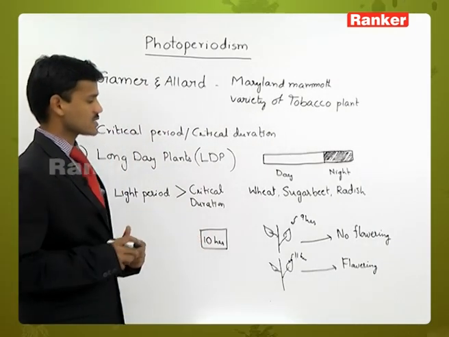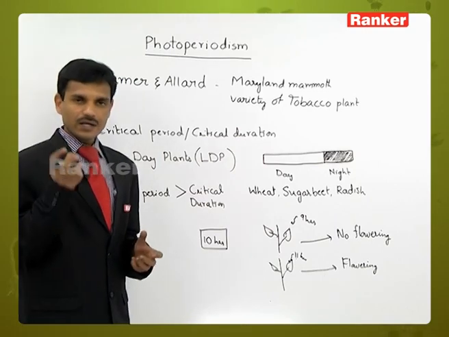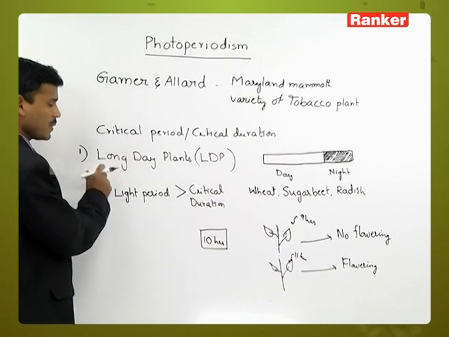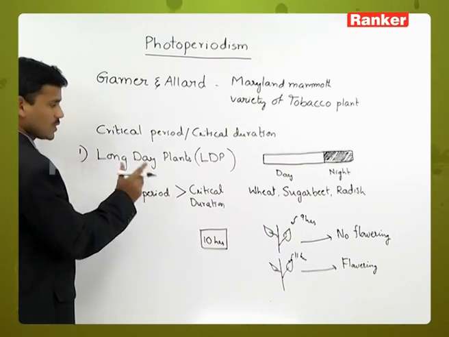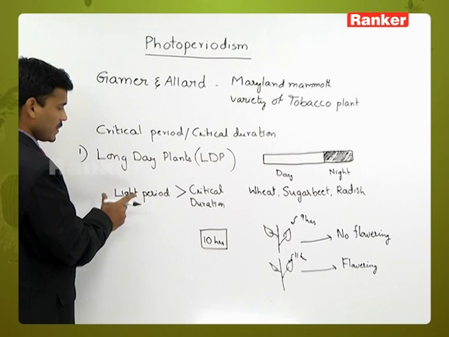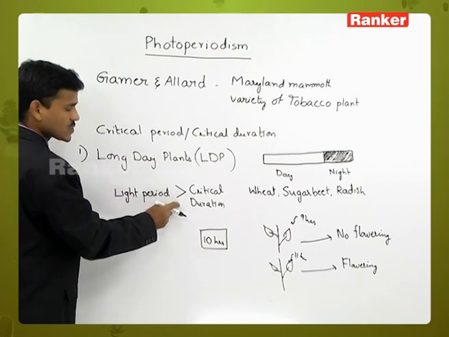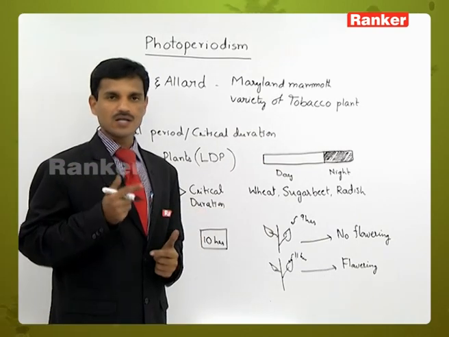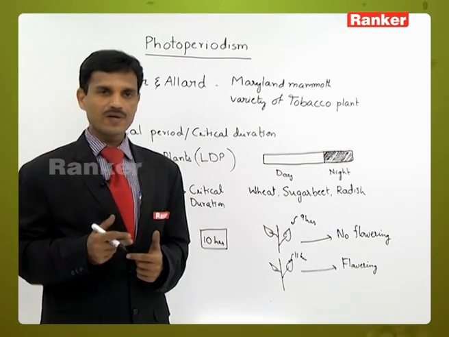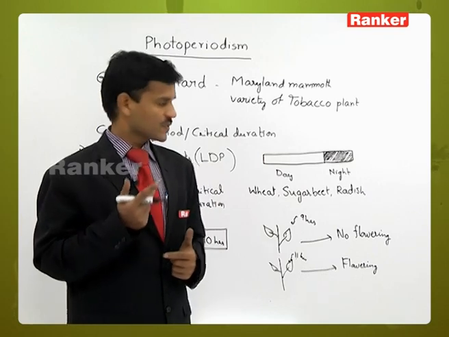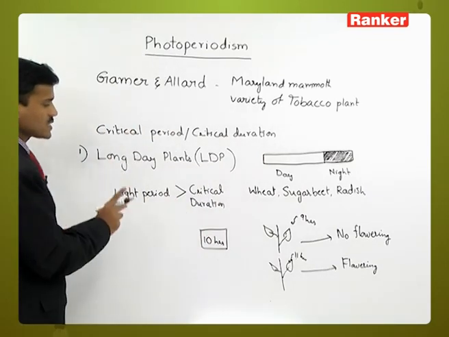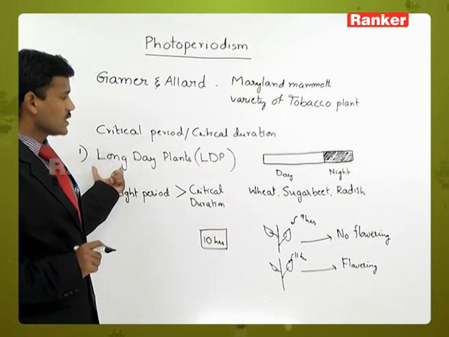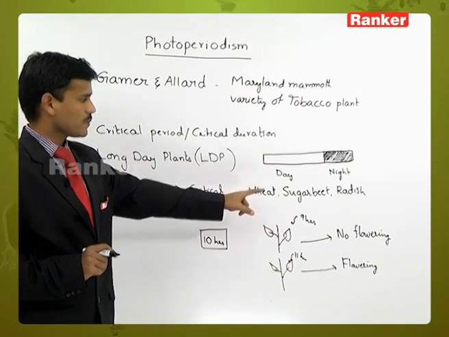So the light period and the critical duration are important. In long day plants, the light period should be more than the critical duration, 11, 12, 13, 14 hours, and then flowering occurs, but never less. So that is about long day plants; examples are wheat, sugar beet and radish.